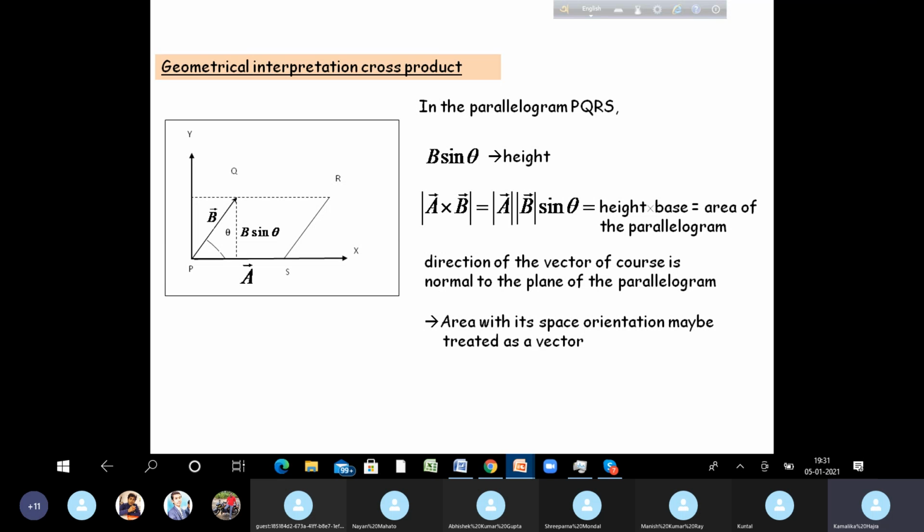Now, from this concept, a given area can be treated as a vector because a given area is nothing but the cross product of two vectors, and the cross product is a vector, the direction of which is perpendicular to the plane containing the two vectors. So any given area in space, if its space orientation is given, can be treated as a vector. Please remember this because we will need this reference in our future classes on vector differentiation and vector integration.